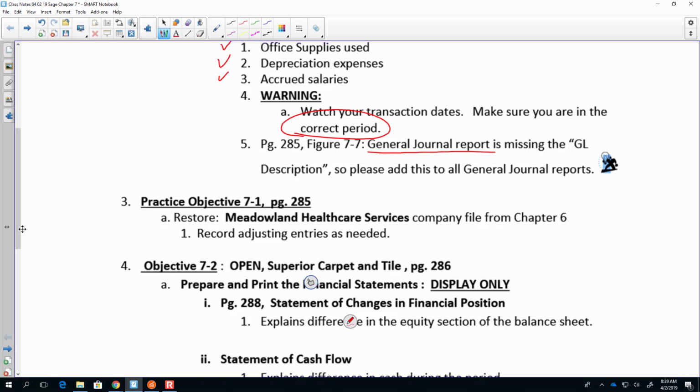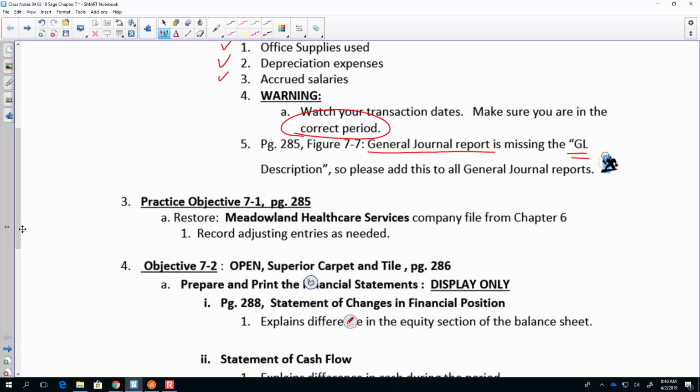And that report just shows our adjusting entries, right? That's the main focus of this report. And looking at that figure, what is missing? What is missing on the General Journal report? Description, right? Yeah, the GL description.